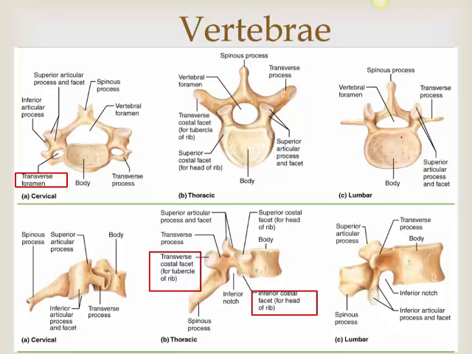It's much larger than thoracic and cervical. Also, instead of being pointed, the spine is more rectangular. And the transverse processes are very small and thin. These are additional features, but the main thing is no costal facets, no transverse foramen, and that makes it a lumbar vertebra.